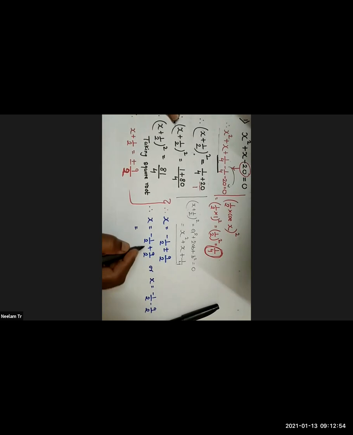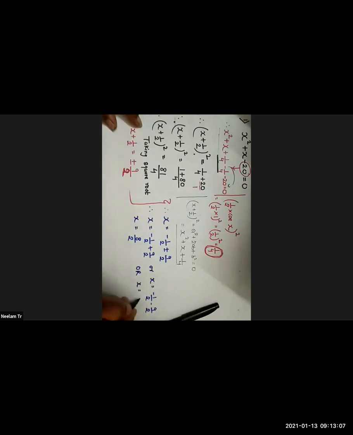So 9 minus 1, 8, 8 divided by 2, or x is equal to minus 1 minus 9, minus 10, divided by 2.